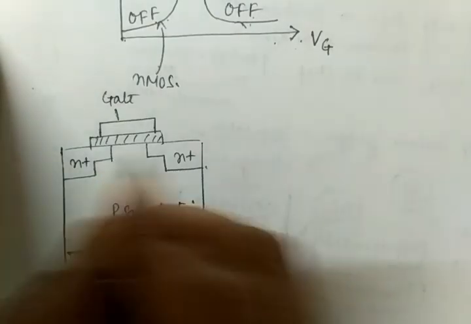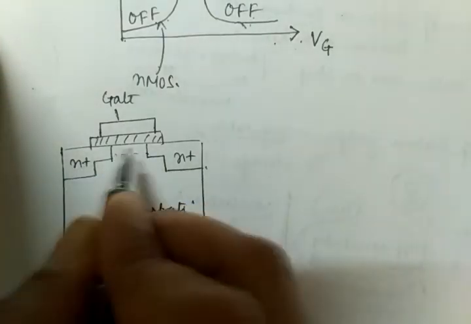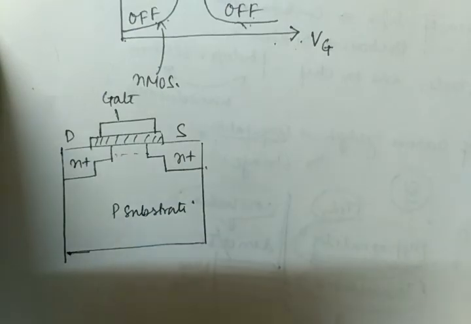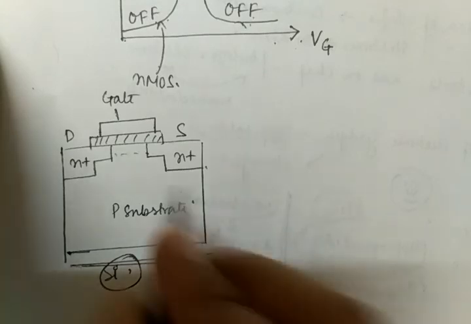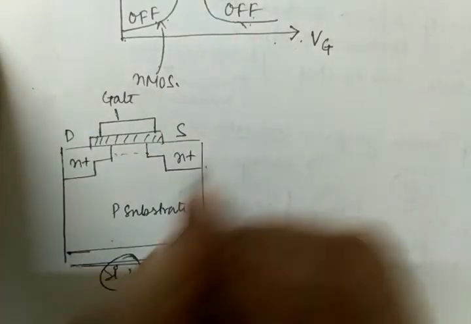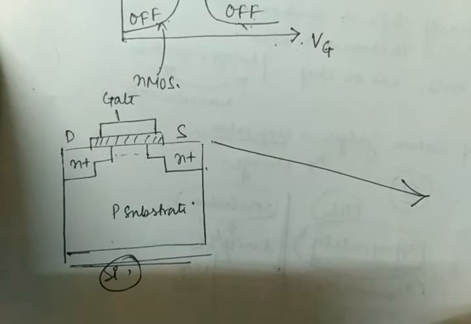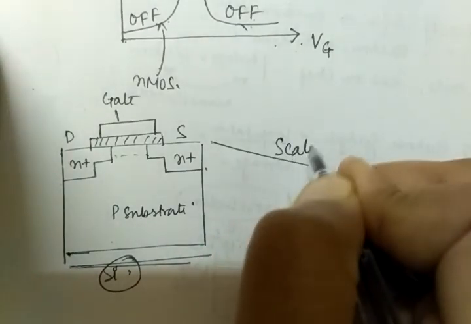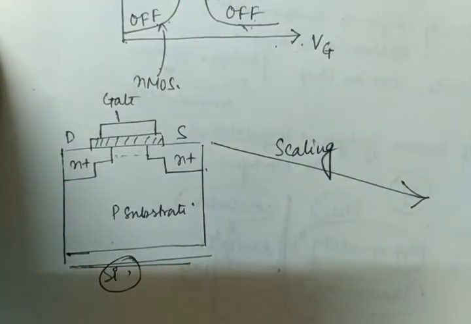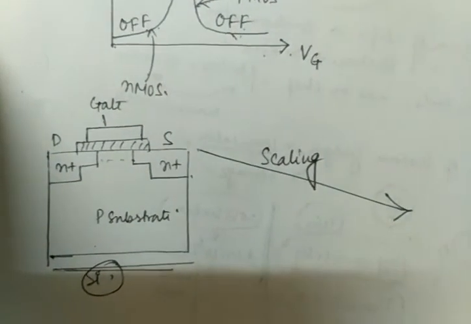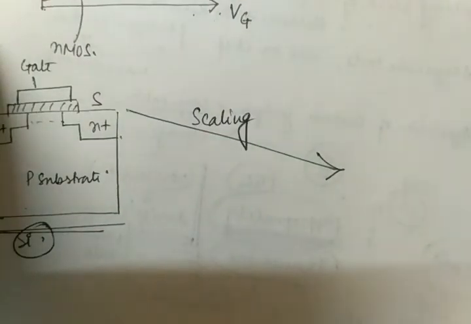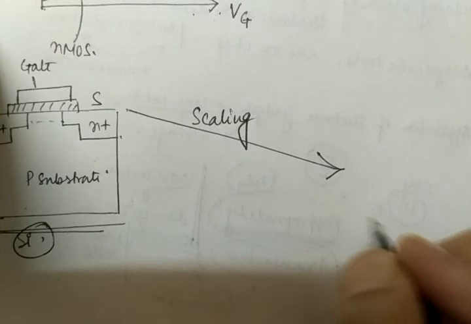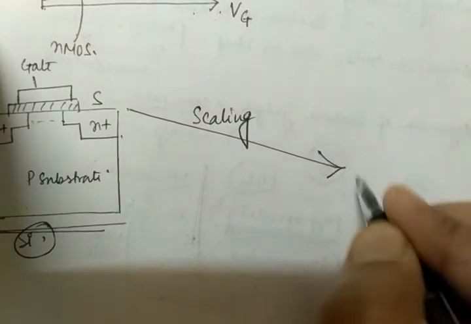Yes, it's an NMOSFET, because the channel is N. There is drain and source. This is silicon CMOS, with a silicon substrate. The base is silicon. This is the microelectronics part. But what is our focusing point? That is scaling. Scaling is most important. After this scaling, we are now standing in this region.